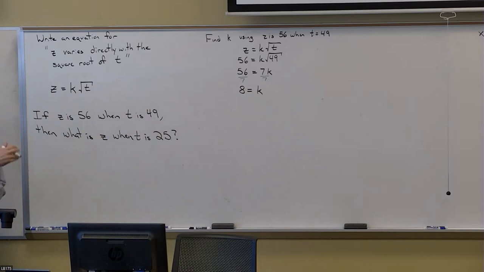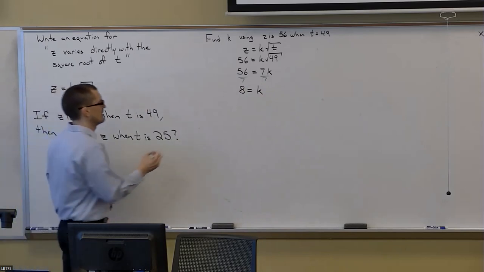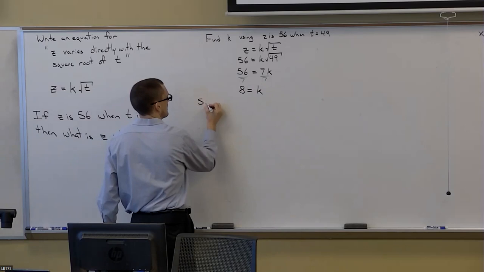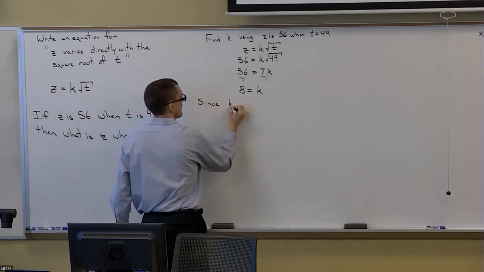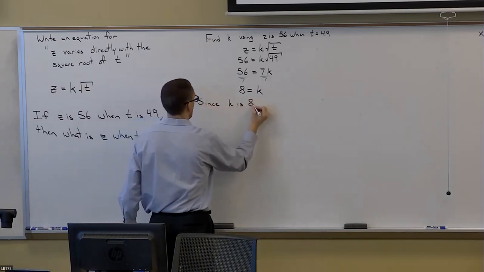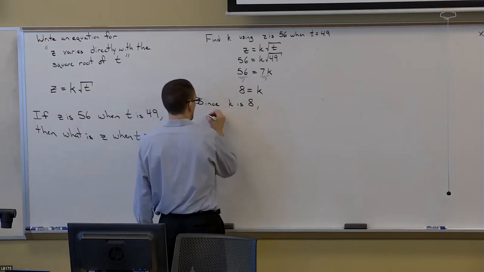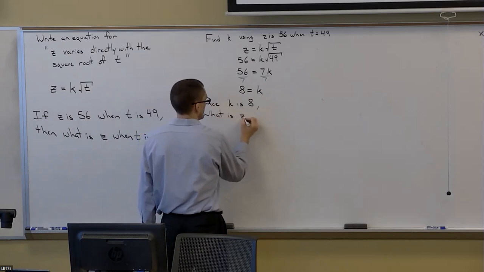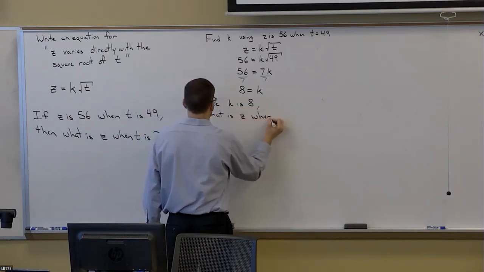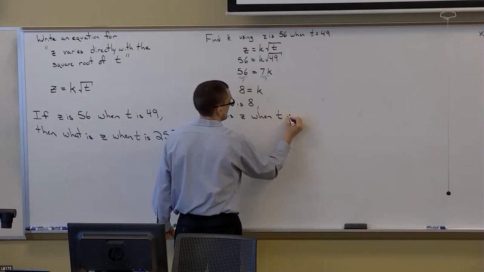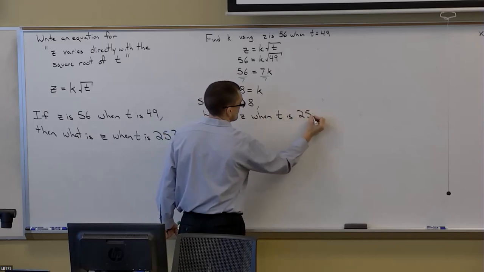So that's step one. Now I know what this k has to be. Since k is 8, now we can answer what is z when t is 25.